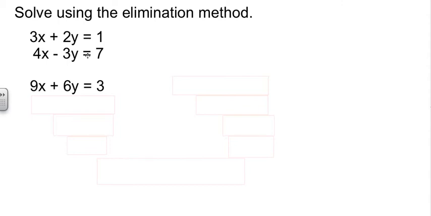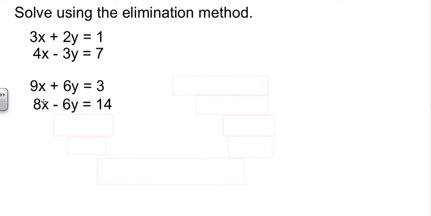If I multiply this row by 2, I get a -6y. See how these are now opposite and equal terms. +6y and -6y. That's what I want. Had I picked on x, I would have to multiply by like a 4 here to make 12x, and a -3 to make this -12x. Okay. I want to make them the same number but opposite.